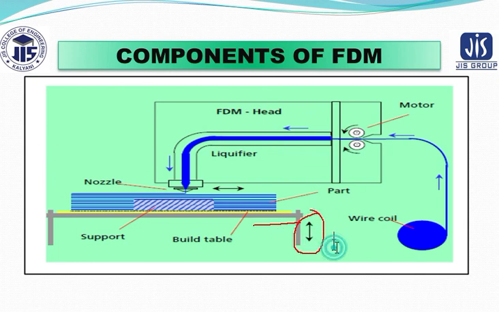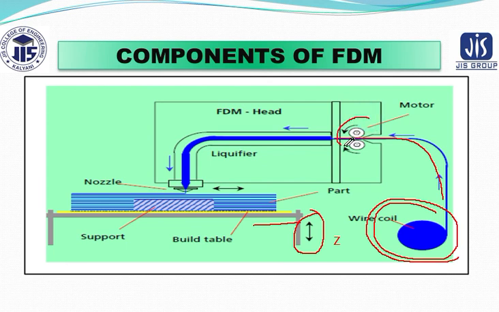Next, you can see this is a wire coil, and through this wire coil the material is moving to this particular section where there are two driving wheels, helping it move inside the FDM extrusion head, that is, the fused deposition modeling extrusion head.